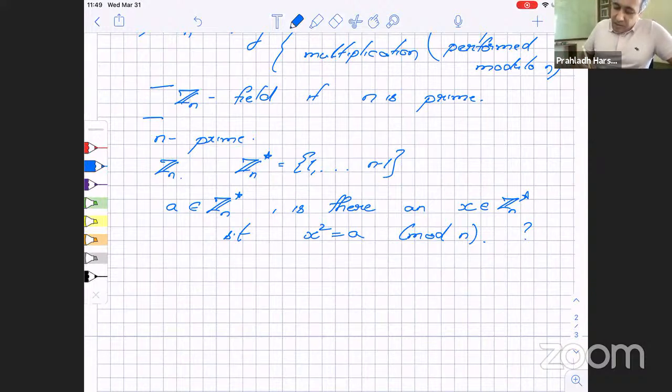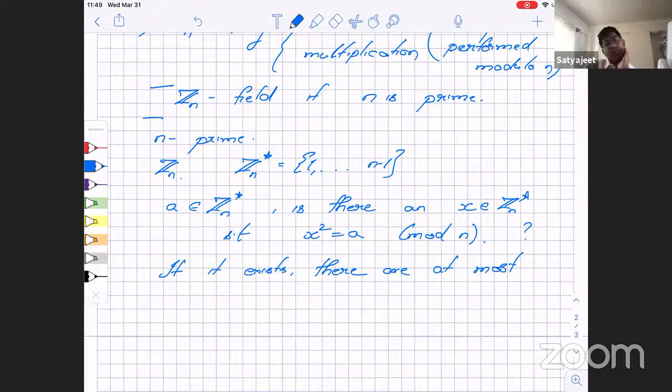So if it exists, there are at most 2. In fact, if it exists, are there at most 2 or exactly 2?